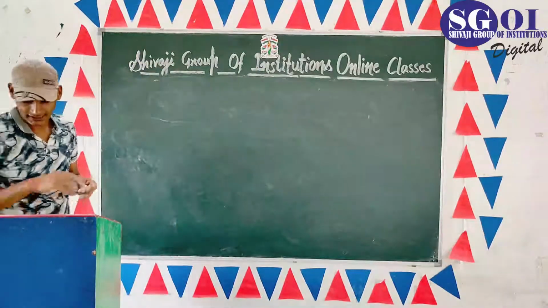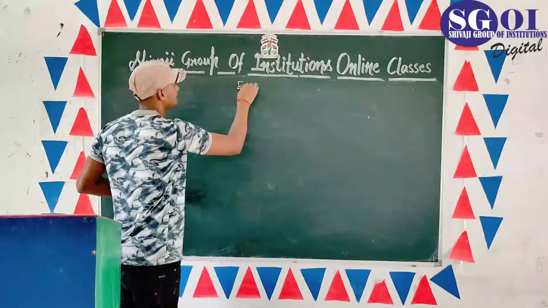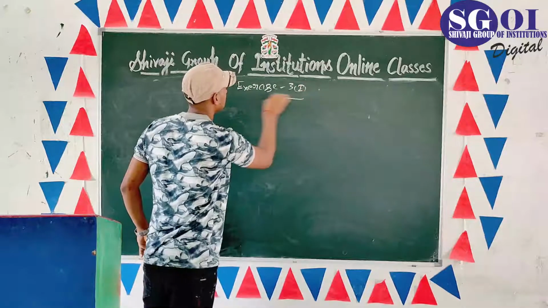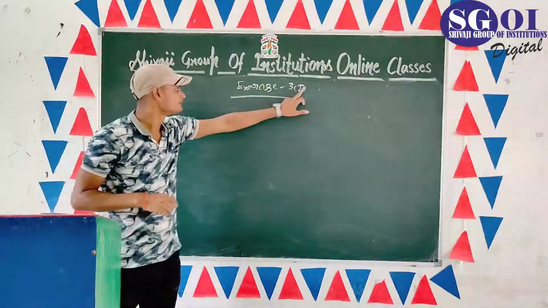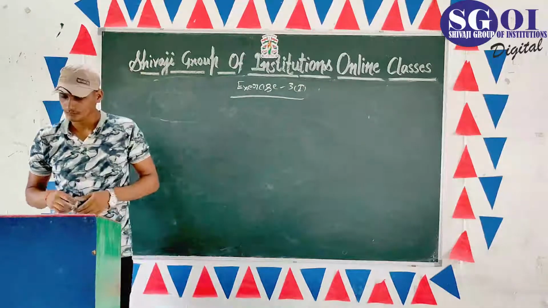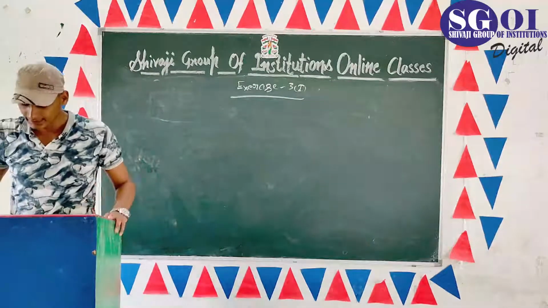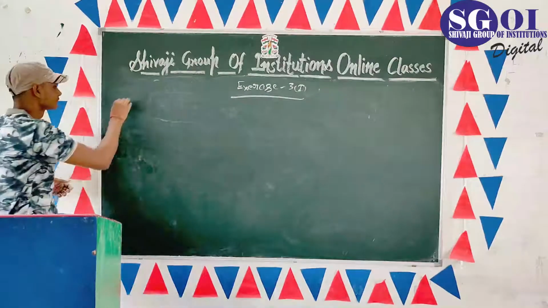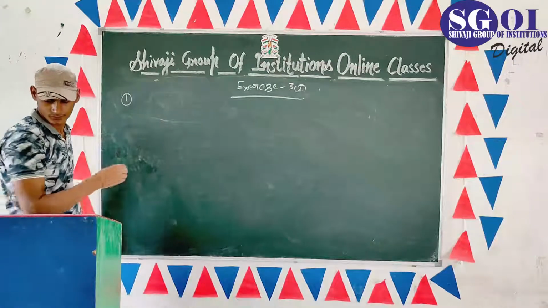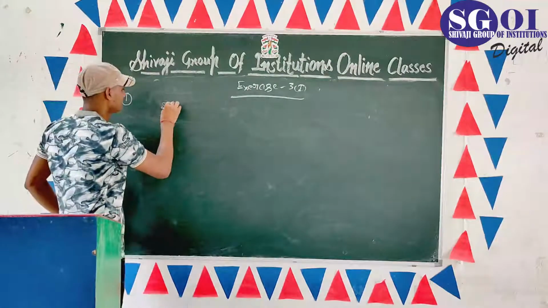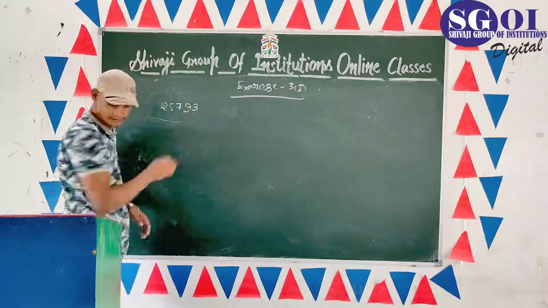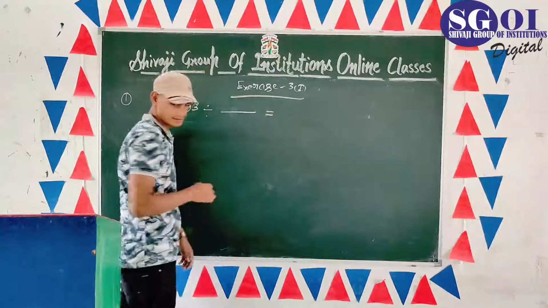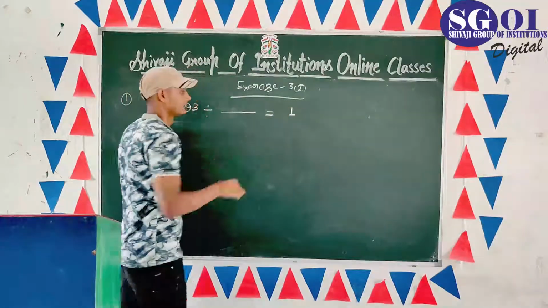Exercise 3I. Okay students, part A, fill in the blanks, and question number 1 is 25,793 divided by dash is equal to 1.